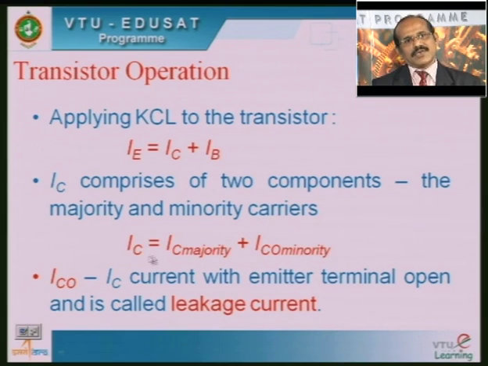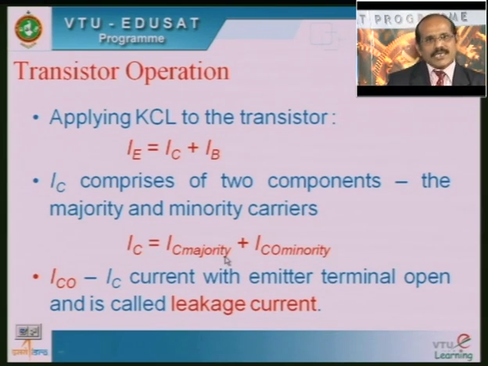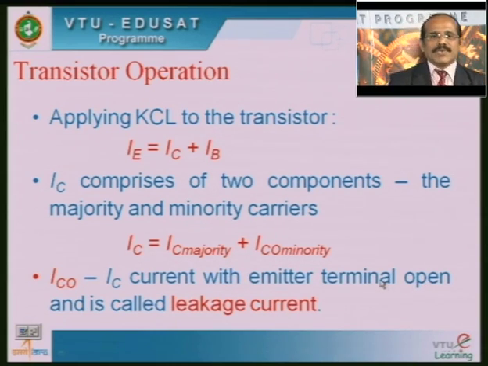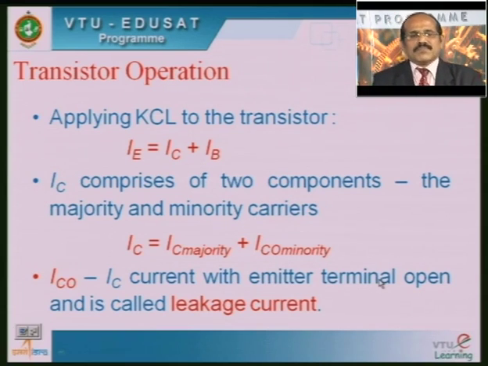Therefore IC equals IC majority plus ICO minority, where ICO is nothing but the collector current with the emitter terminal open, that is ICBO. O stands for open, emitter. What is missing here? Collector base, the emitter terminal is missing. Therefore when the emitter terminal is kept open, whatever current flows between collector and base is called ICBO, and that is also called the leakage current, which is negligibly small.